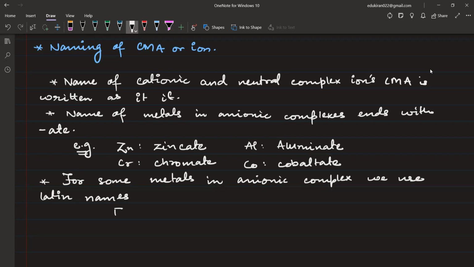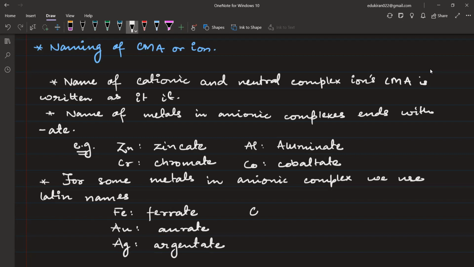For example, if you have iron as the central metal atom in an anionic complex, we will use ferrate. If you have gold, we will use aurate. If you have silver, we will use argentate. For copper, we use cuprate. For tin, we use stannate.